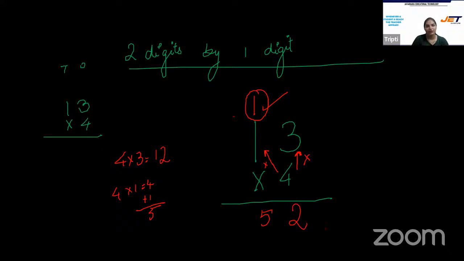Let's do another question. Let's say 47 times 5. I am giving you a minute to do this question by yourself. 47 by 5. Just remember that there are 2 students and 1 teacher.